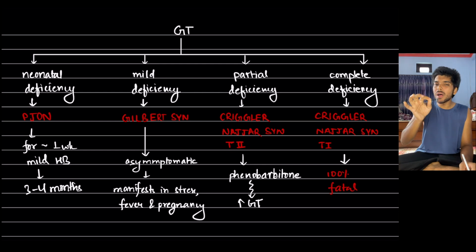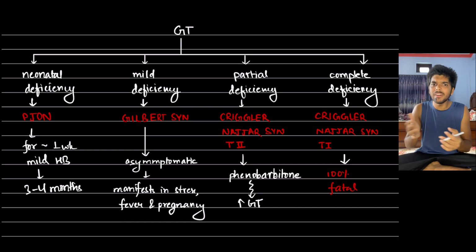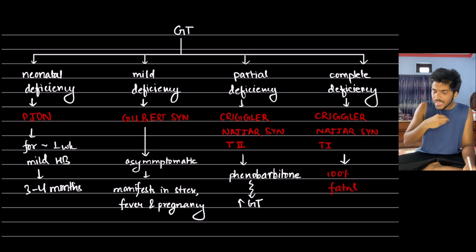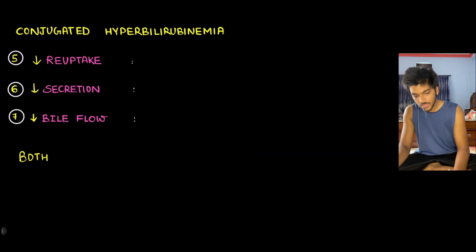In Crigler-Najjar syndrome, there is partial deficiency in the baby of GT, so phenobarbital is given as drug therapy. As for permanent solution, that is liver transplant. In Crigler-Najjar syndrome type 1, there is complete deficiency, so there is absolutely no GT, no conjugation taking place, so it is 100% fatal. Okay.